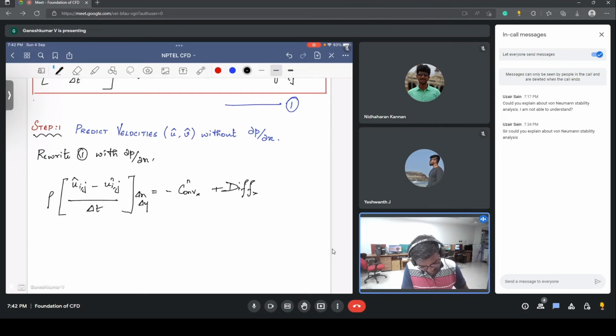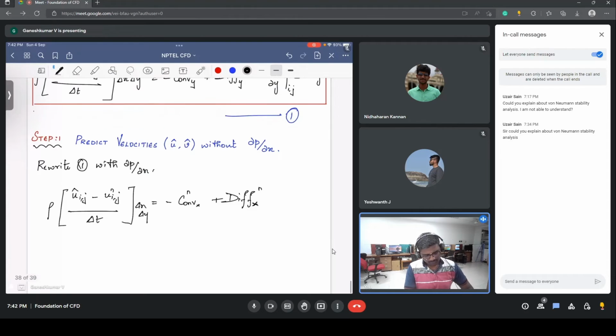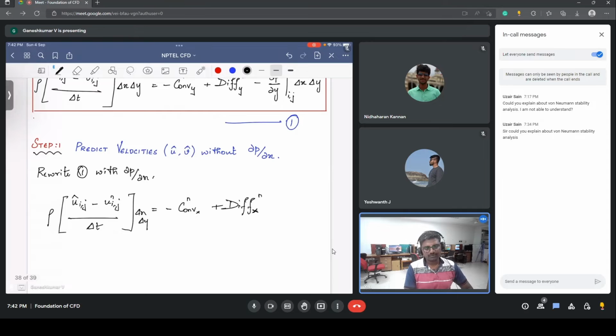We will be evaluating convection and diffusion at the nth time step to avoid complexities, because the convection term is a non-linear term, and if you evaluate at the nth time step, everything would be known, so you won't end up having complexities. So in the quasi-Richo method, we will treat this explicitly, which means we are evaluating at the nth time step.